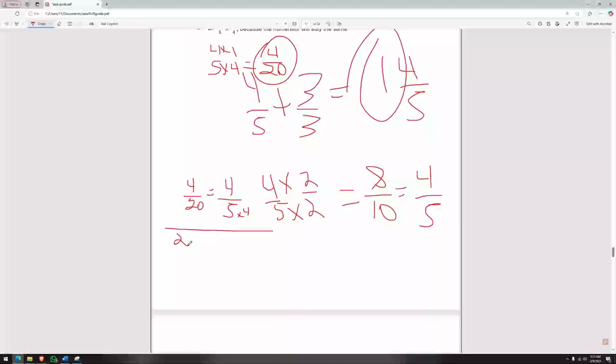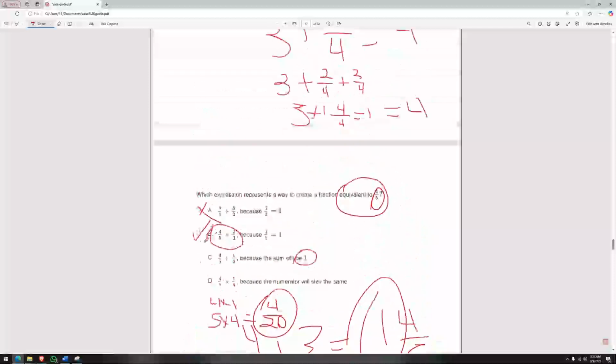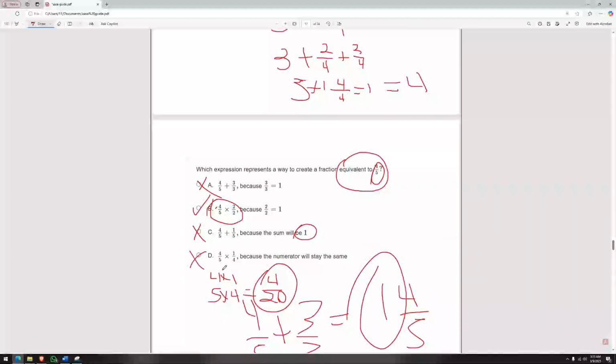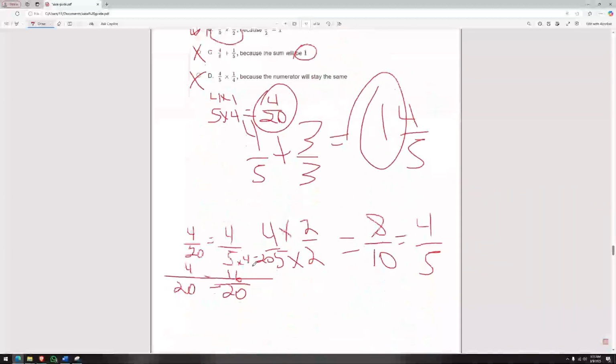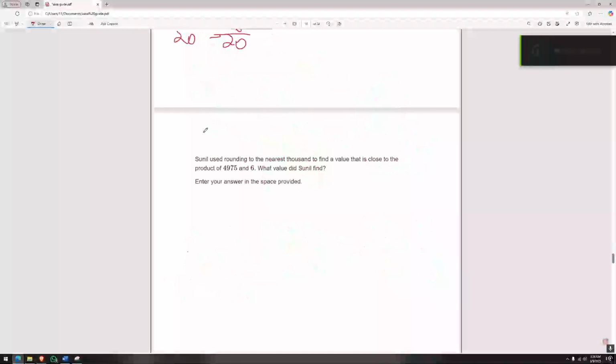Y este se queda igual. So 20, okay. 4 times 4, 16/20. Y este se queda igual. ¿Son iguales? No. Entonces es esta. Okay, that's it.